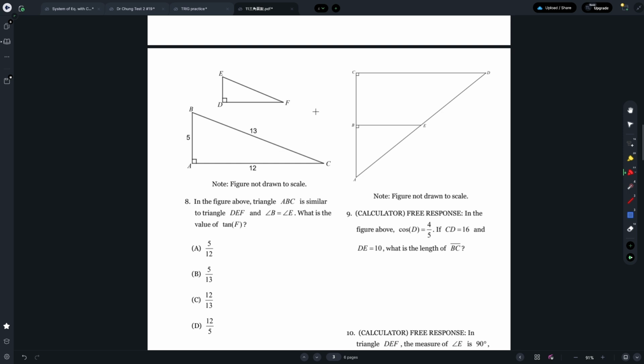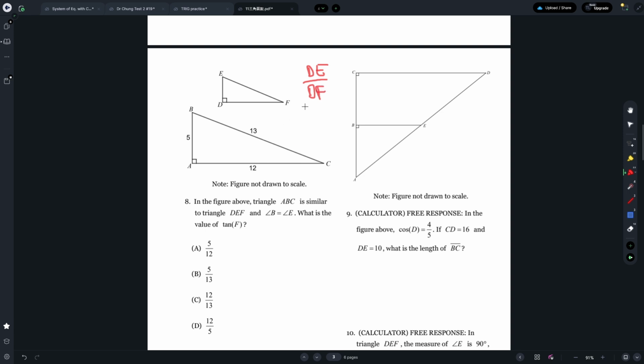So we know that trigonometry is written in ratios. So tan would be opposite. In this smaller triangle, tan would be opposite, which is DE, over adjacent, which is DF.